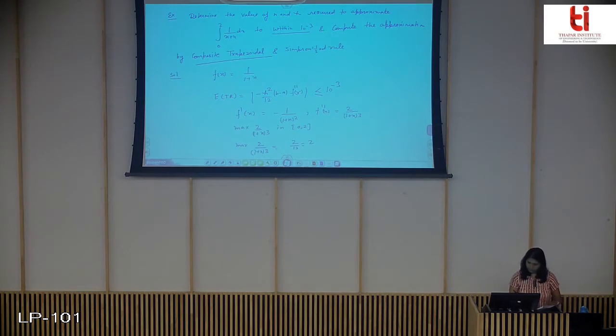Okay, I have made a mistake here. It should be x plus 4, so 4 plus x. So this value is coming out to be 2 upon 4 cubed, which is 1 upon 32.